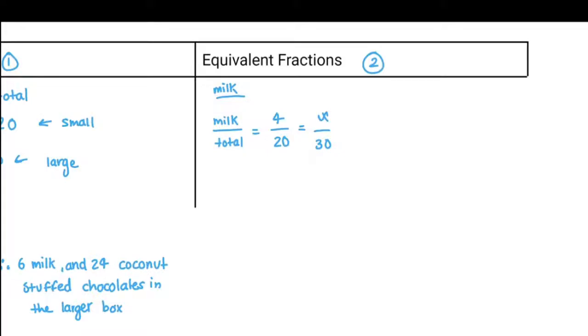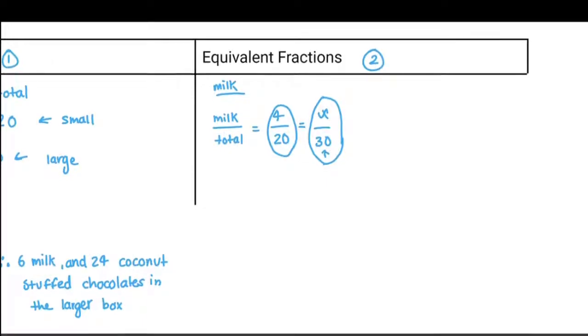So now we're doing the exact same thing. We can divide 30 by 20 to see what this whole fraction is being multiplied by to get this one. Seems easy enough. So we do the exact same thing to get 1.5. And now that we know it's 1.5, we can multiply 4 by 1.5 to get the same answer as before, which is 6. So therefore, 6 milk chocolates.